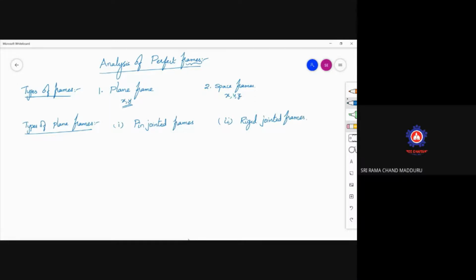So one type of analysis is pin jointed frames, and the second one is rigid jointed frames. What is meant by a pin joint? What is meant by a rigid joint? We will study all these things. Types of pin jointed frames.